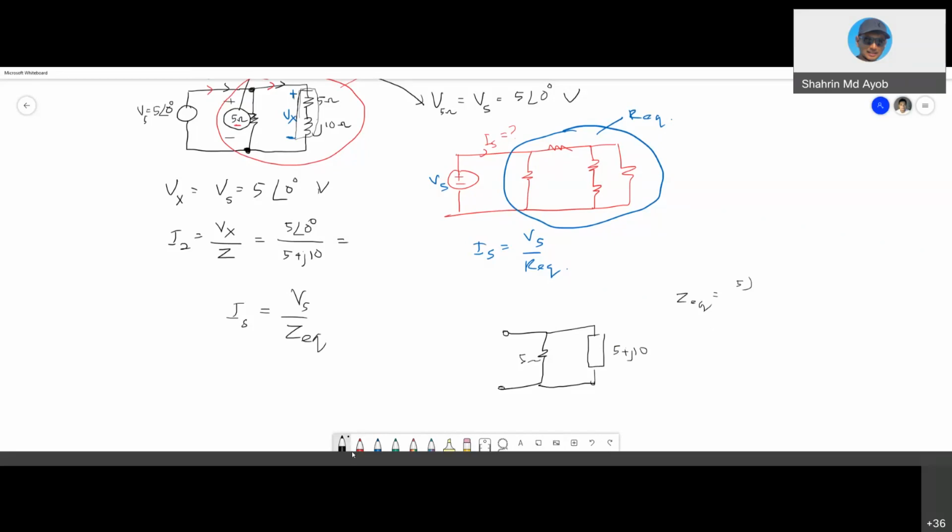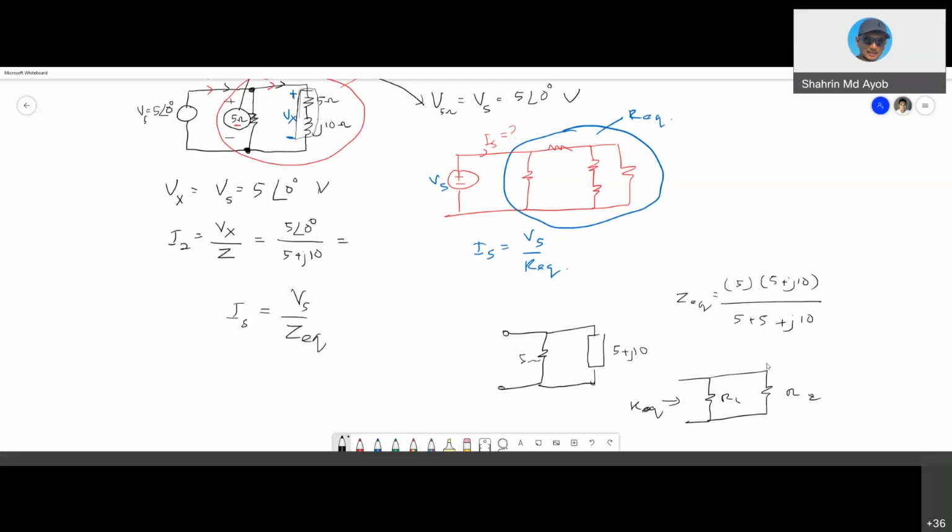So your Z equivalent is 5 multiplied with 5 plus J10 over 5 plus 5 plus J10. It's like when you have R1 and R2.